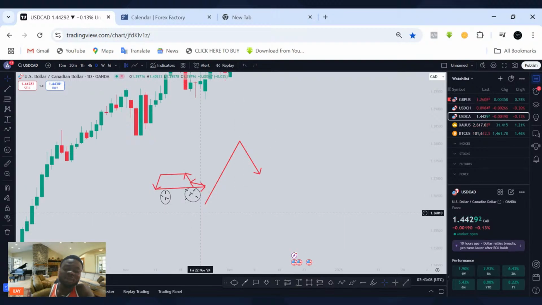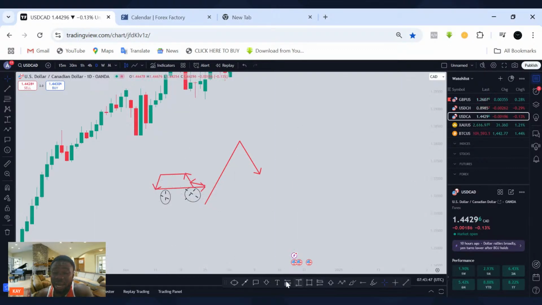So when it comes to an impulse move, it looks like a car moving in the direction it's intended to move. When a car is on a highway, moving in the direction it's trying to go, it moves very fast.